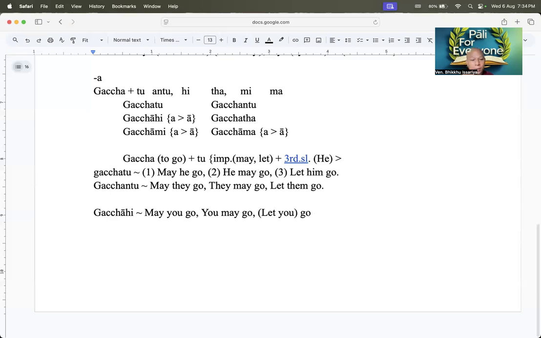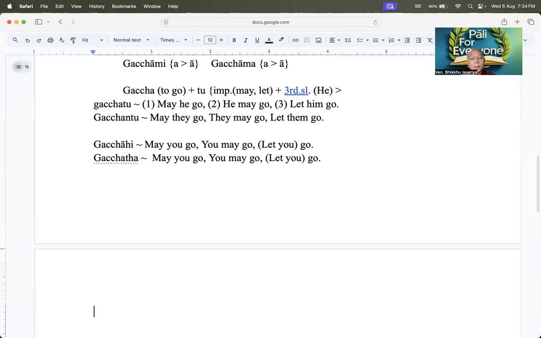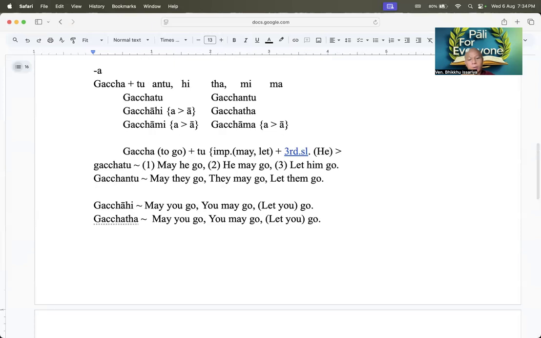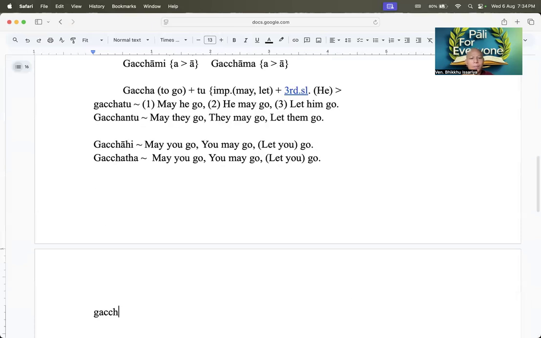In this way it can be understood. So for plural also it is the same in English. So gachata. Because in English singular or plural you is the same. And that is why. And then for the first person, okay, gachami.